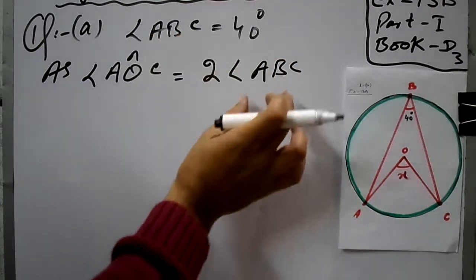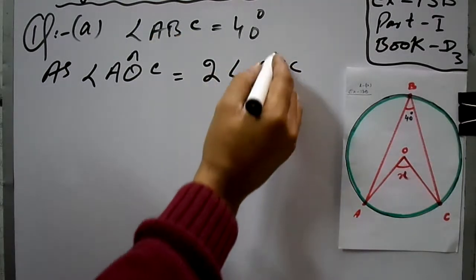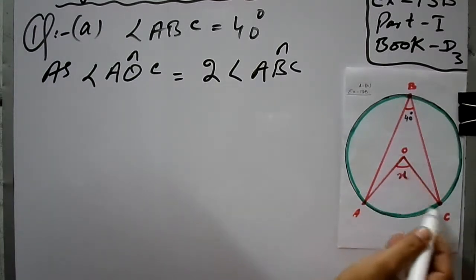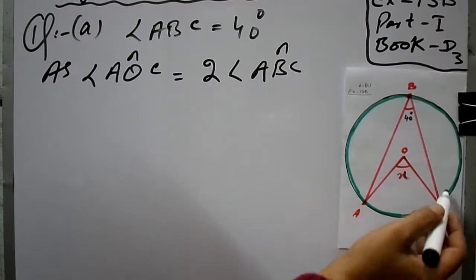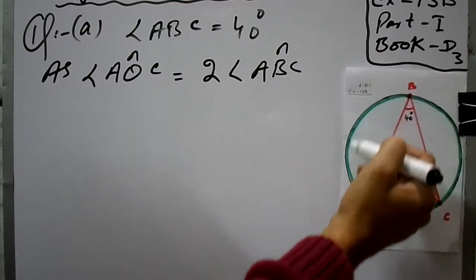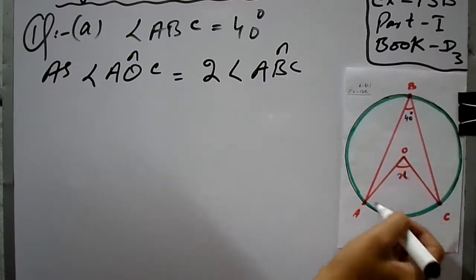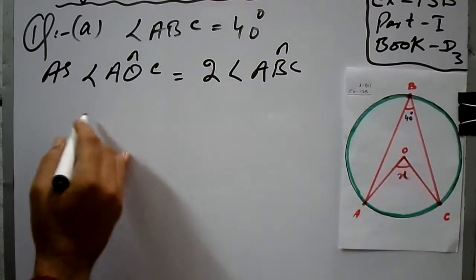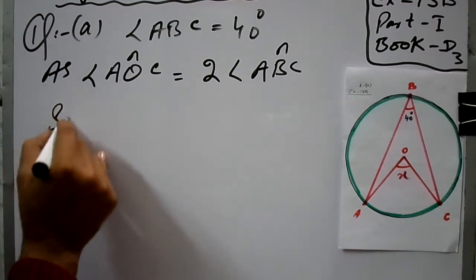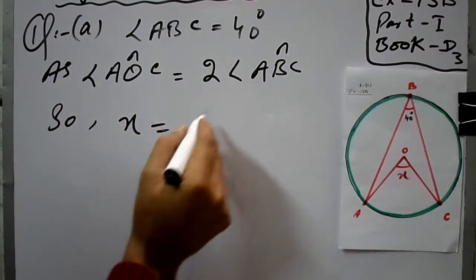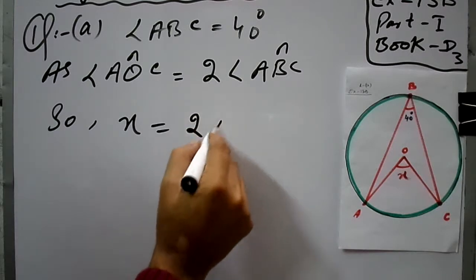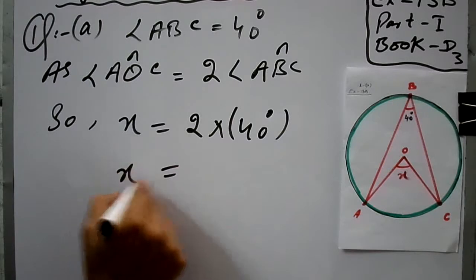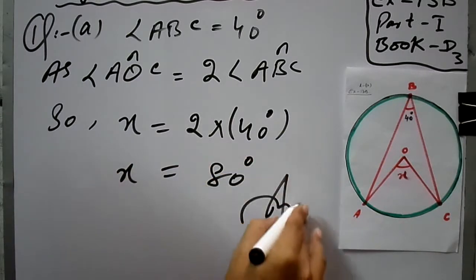So if angle ABC is multiplied by 2, you will get the unknown value, that is the value of x, because it is your minor arc and it is your major arc. Always the angle of the minor arc is greater as compared to the major arc. So that's why you can say that x is equal to twice the angle, that is 40 degrees. You should multiply, so 80 is your result.